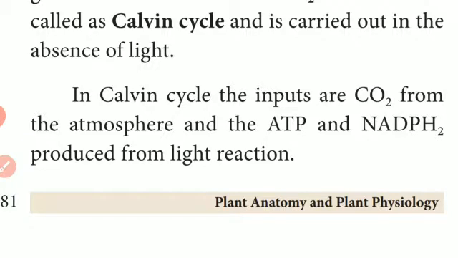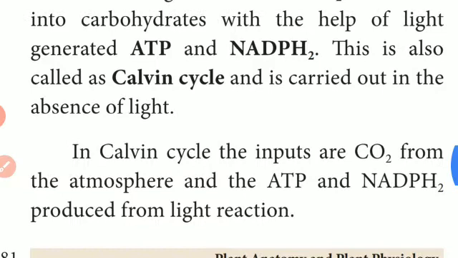Calvin is the one who discovered this process, so we call it the Calvin cycle. So there are three names: light independent reactions, dark reactions, or Calvin cycle. All three are the same thing.